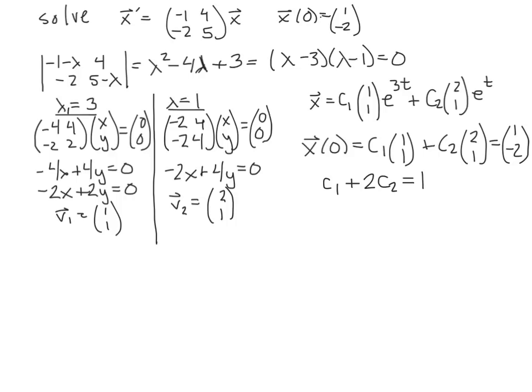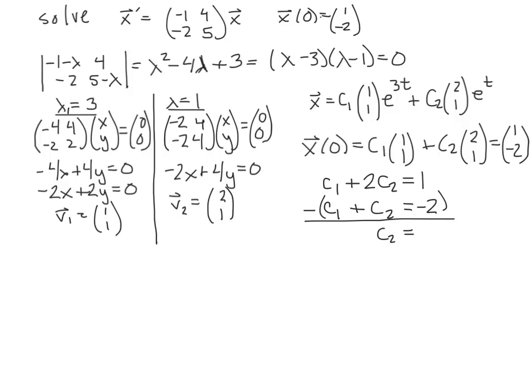Now I'm going to look at everything on the bottom. So from the bottom vector, I have a C1 times 1, so that's C1. I've got a C2 times 1, so that's C2. And I've got a negative 2. So now I have a system of equations here. I'd probably subtract the bottom one. Let's see what happens. C1 minus C1, that eliminates C1. 2C2 minus C2 is C2.